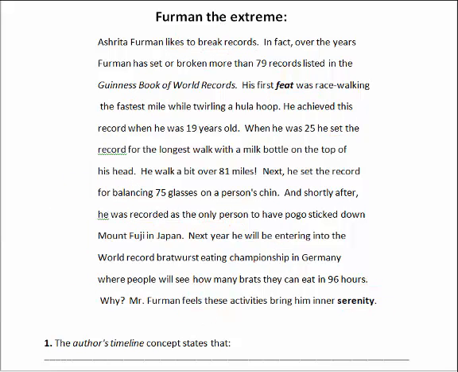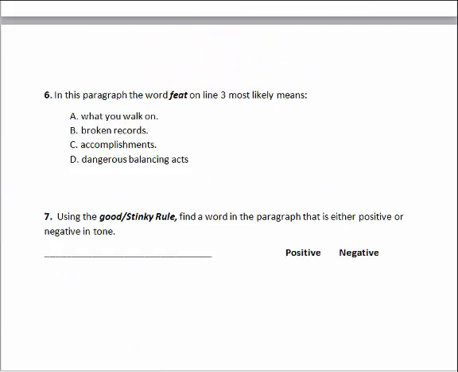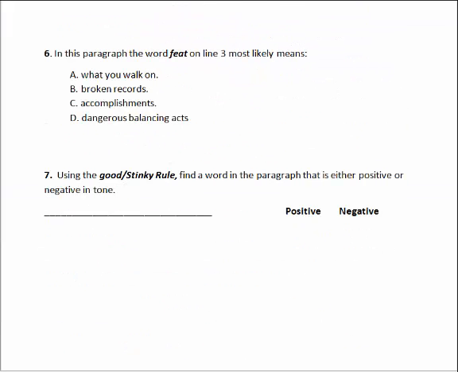Let's go ahead and conclude. In this particular passage here, we have learned the author's timeline: past background information, and we move into something that's a little more current, further current, and then present day stuff, and then eventually at the bottom we're going to have future. So it will be past to future in the timeline.